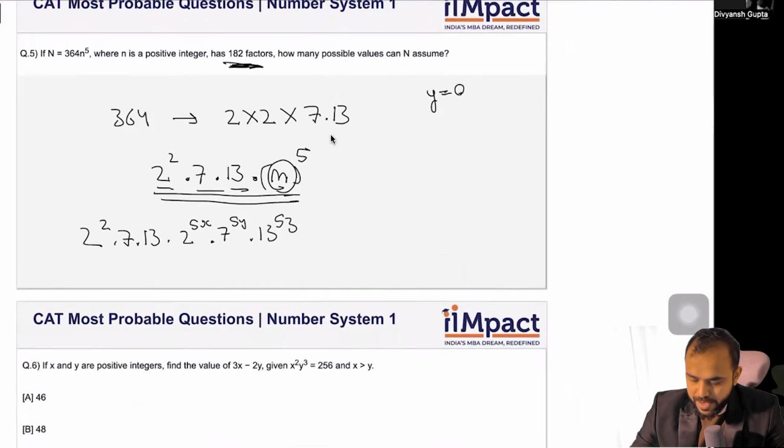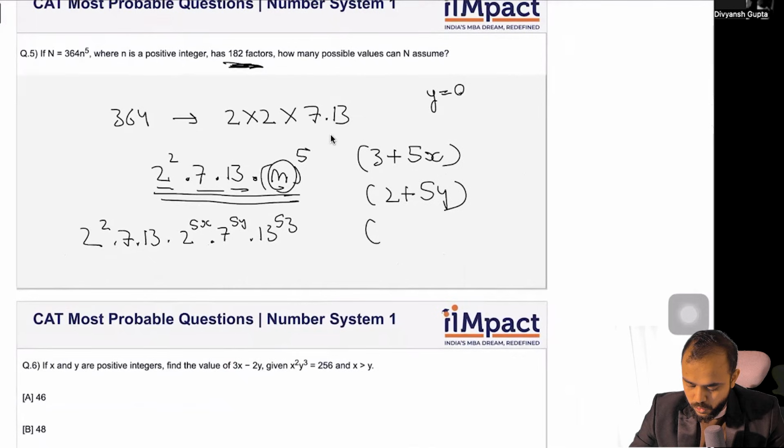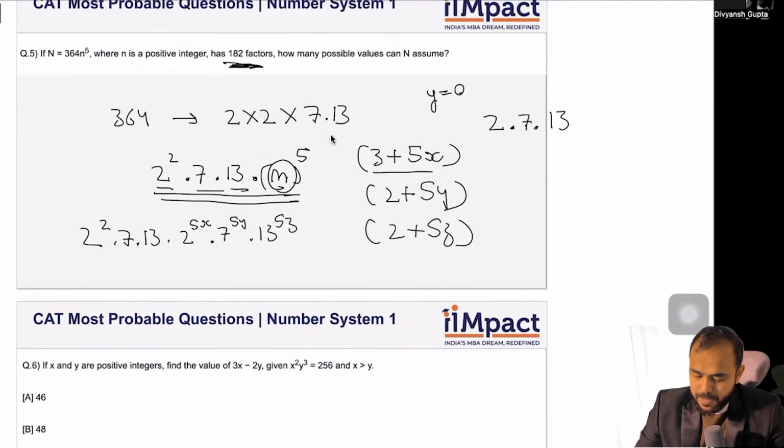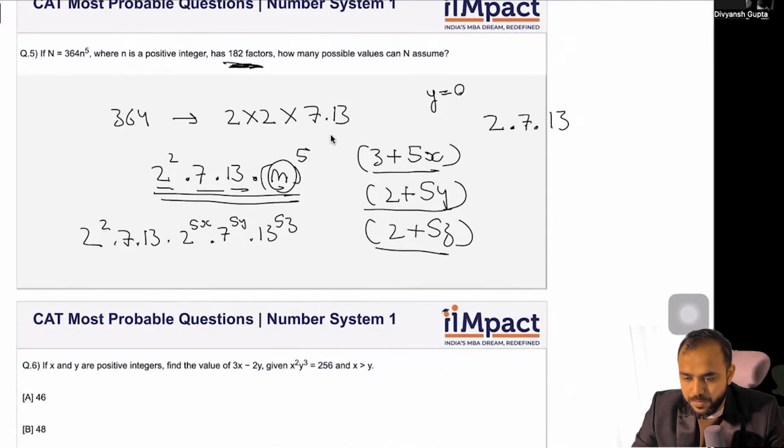So the number of factors expression will become 3 plus 5x into 2 plus 5y into 2 plus 5z, and this has to be equal to 182, which is 2 into 7 into 13. Now, this expression can never be equal to 2, which means either this or this will have to be equal to 2.